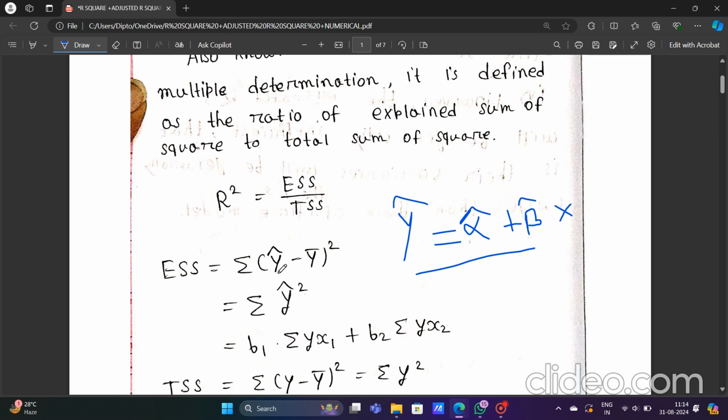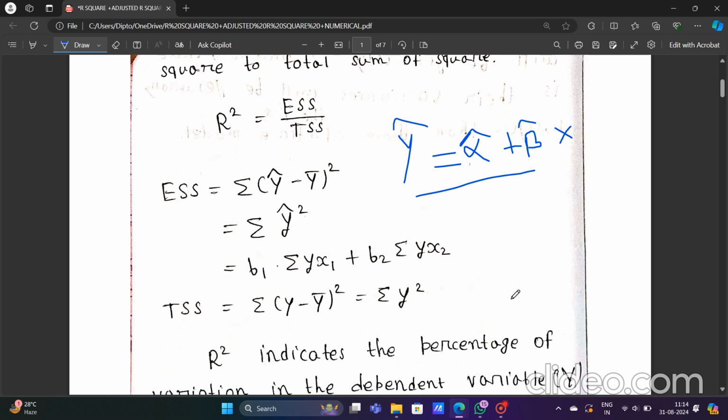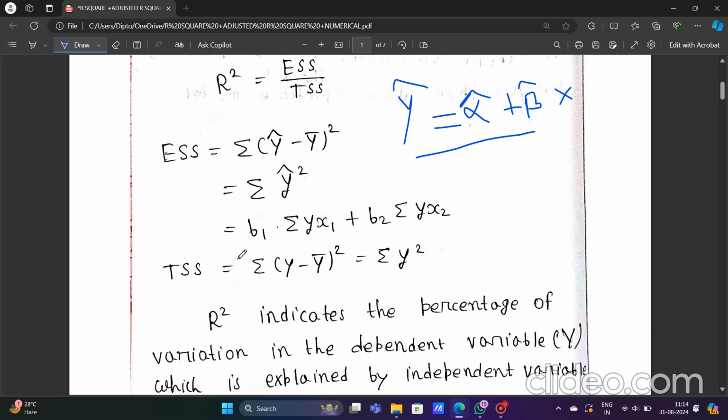Here capital Y hat minus y bar can be written as small y cap square. Now this formula can be further written in this form: b1 into summation small y into x1 plus b2 into summation small y into x2.